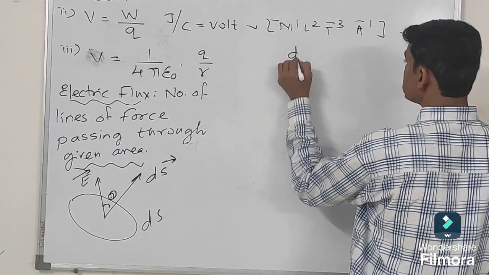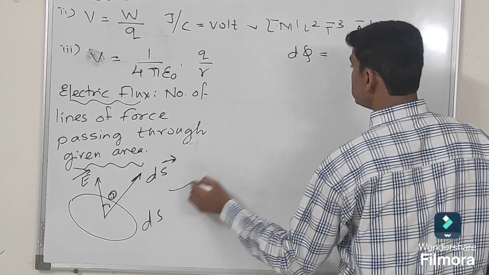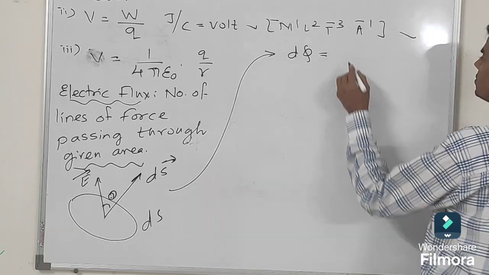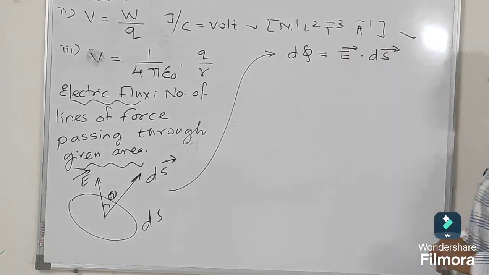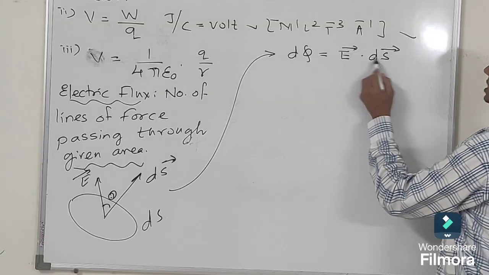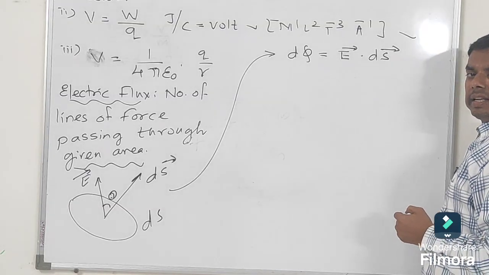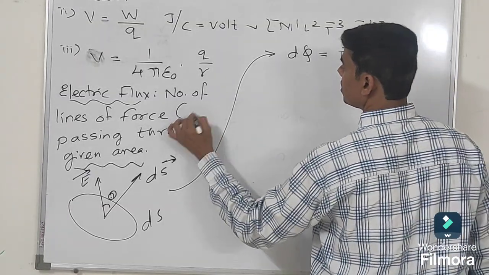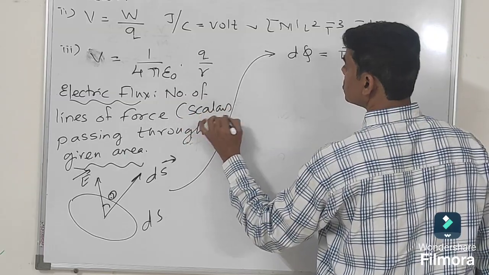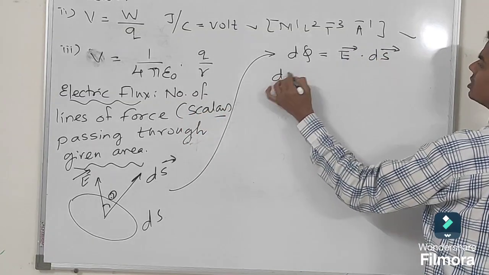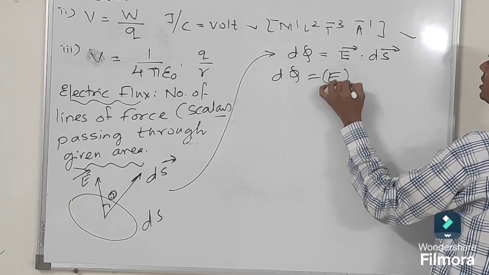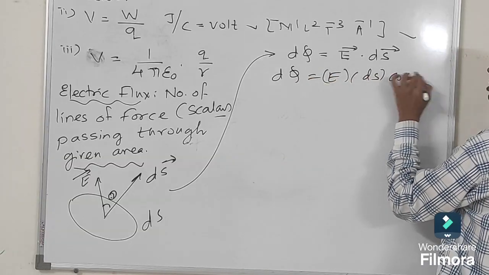Then electric flux d phi coming out through this surface area is the dot product of electric intensity and area vector. As it is a dot product, it is definitely a scalar quantity. So electric flux is also a scalar quantity. So d phi can be written as E into ds into cos theta.